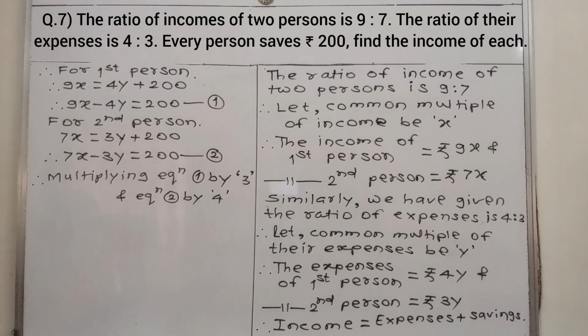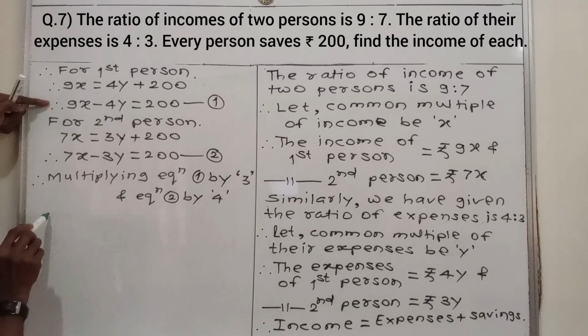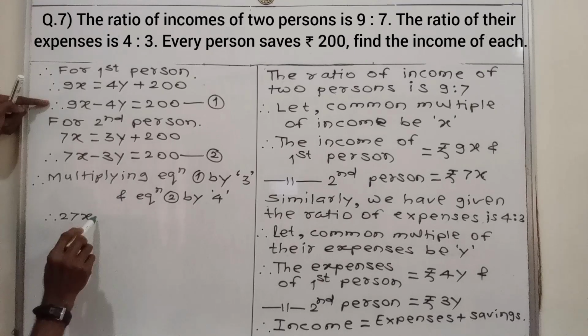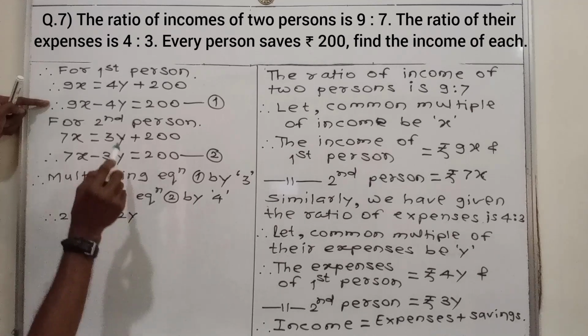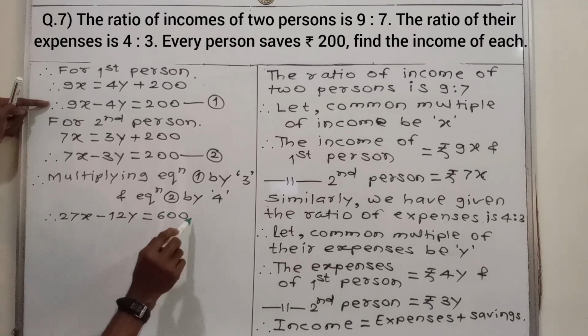Now see this carefully. Equation number 1, multiplying equation 1 by 3. 9 into 3. Did you get it? 27x minus 4 into 3, 12y is equal to 3 into 200, 600.